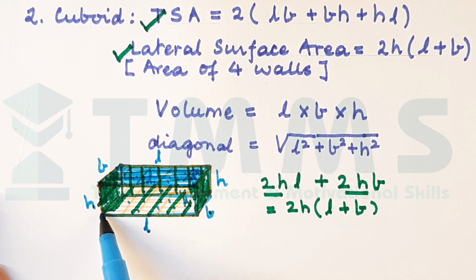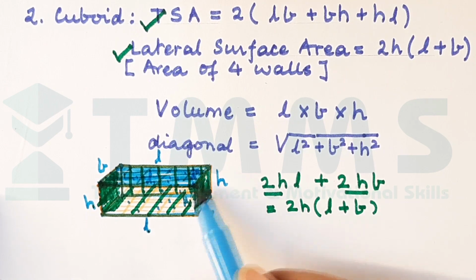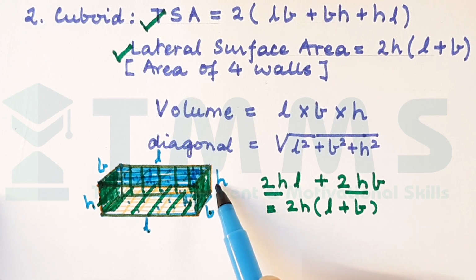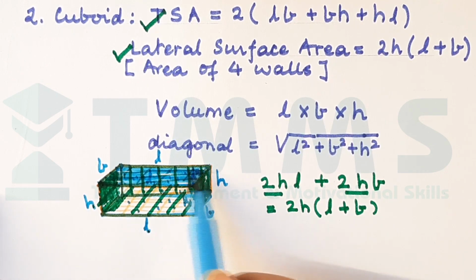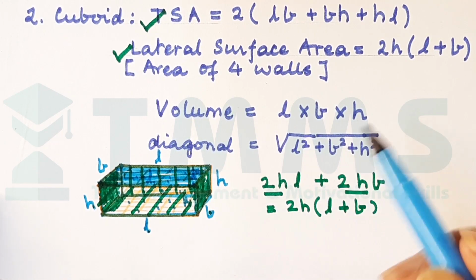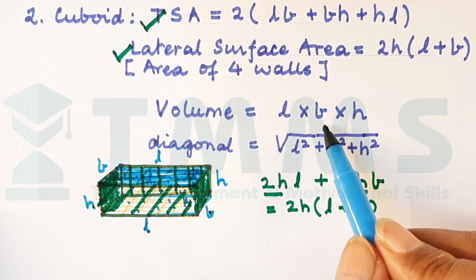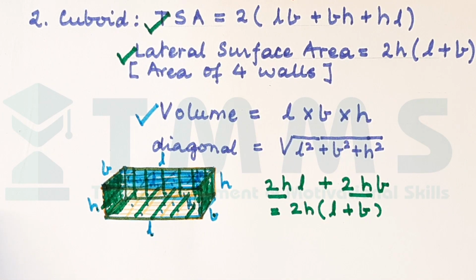And multiplied by the height, so it becomes L into B into H. But you'll say, what if I want to take this as the area of cross section? Fine. This area of cross section becomes B into H, and multiplied by its height, which is nothing but L. So still we get B into H into L, which is the same as L into B into H. So we understood this as well, right?